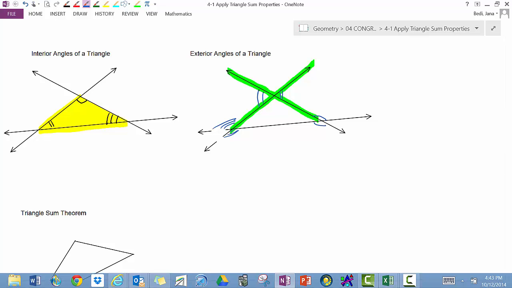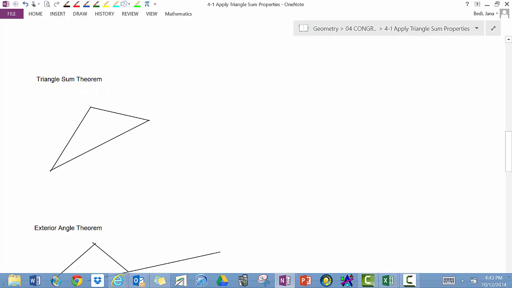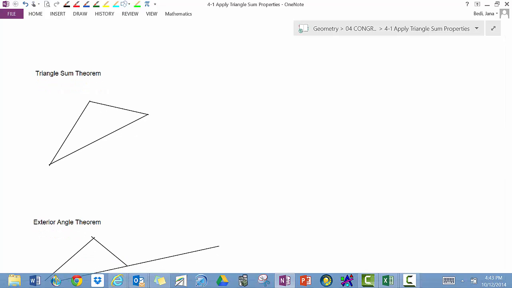And it's useful to remember the exterior angles. An exterior angle is formed in a triangle when you take one of the sides and you extend it. So this angle here is an exterior angle. You all know the triangle sum theorem. All it says is if this is angle A, this is angle B and C, then the measure of angle A plus the measure of angle B plus the measure of angle C equals 180 degrees.